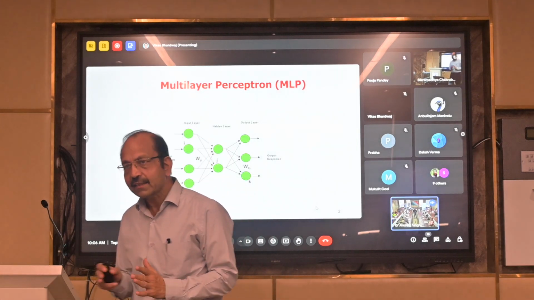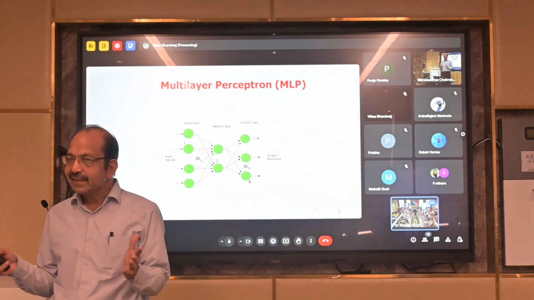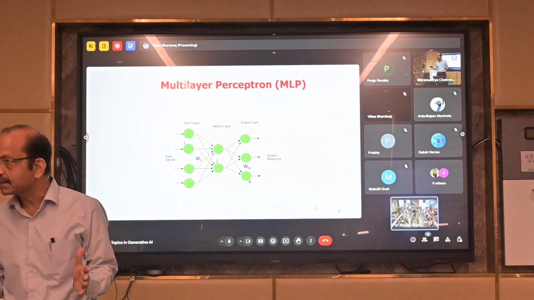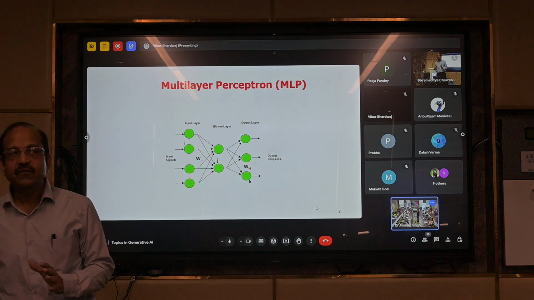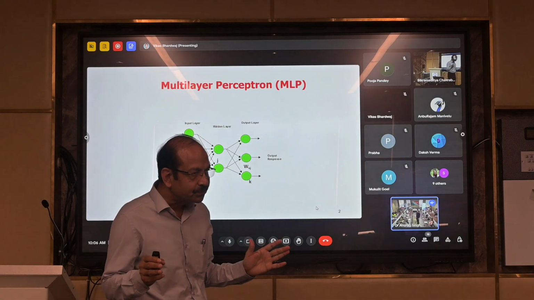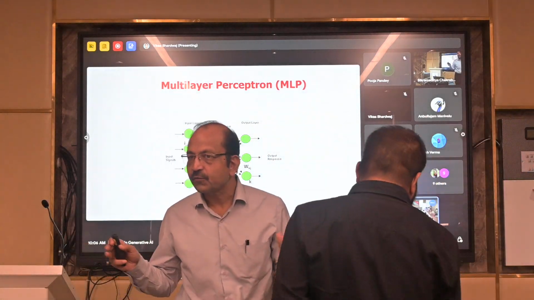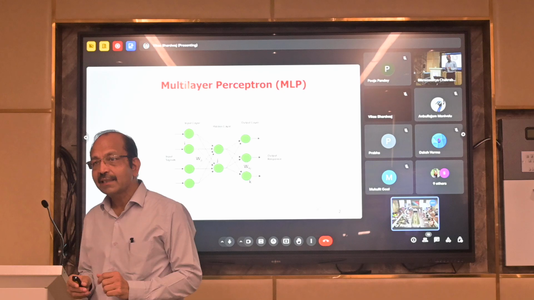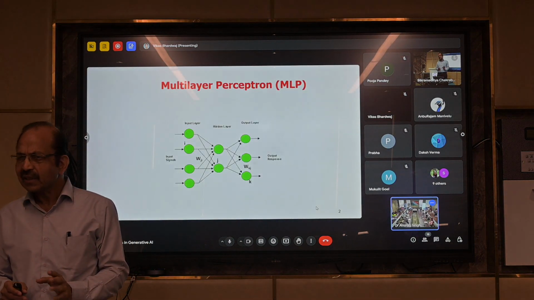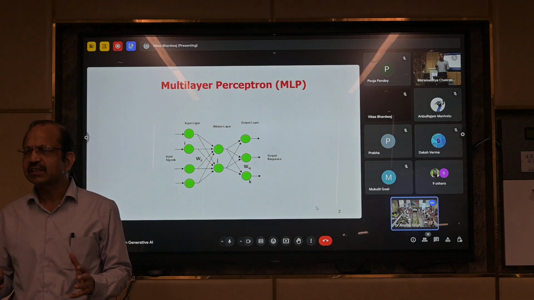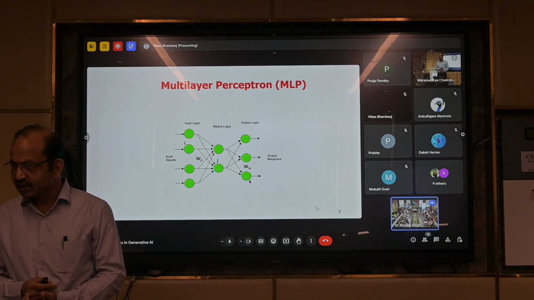If you are solving a 10-class problem, say recognizing the numbers 0 to 9, how many nodes will you have at the output layer? 10. If you want to differentiate 100 types of samples, then how many nodes at the output layer? 100. So let's say you are going to follow such kind of representation.